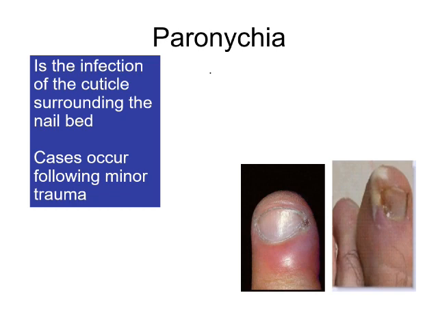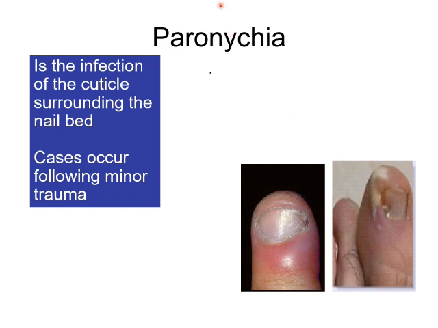The involved part of the nail may become warm, painful, and red. Swelling may occur, and in other instances, the lesion may become purulent, and pus may be expressed around the nail bed.